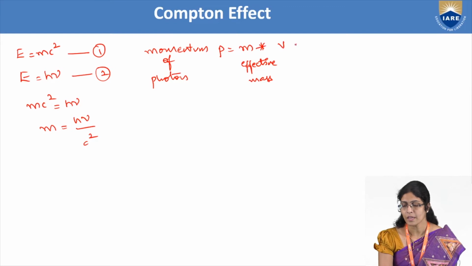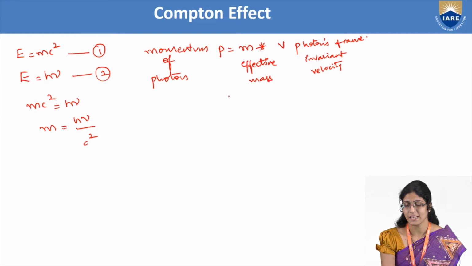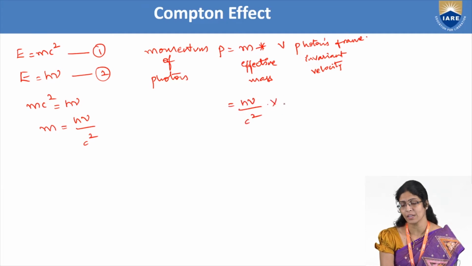What is v? v is the photon's invariant velocity with respect to its frame. So I'll take it now as P is equal to mv. So what is m here? h nu by c square into v. Since it is the photon's frame invariant velocity, you can take it as c. So this and this get cancelled, and you arrive at h nu by c.